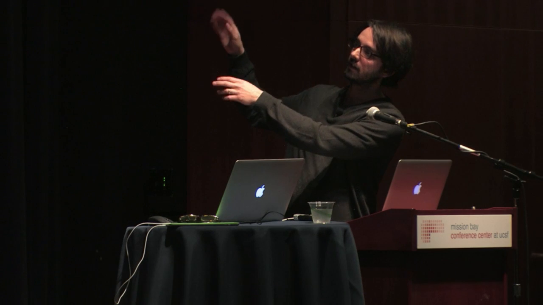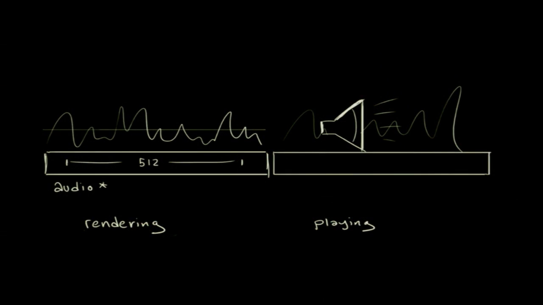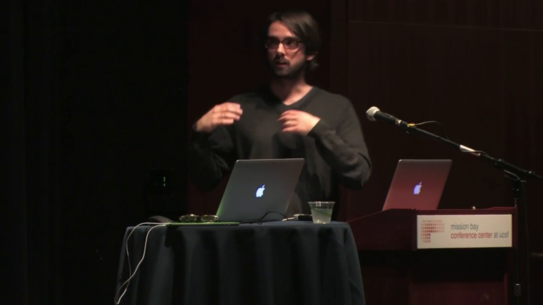So another way to look at that is that core audio is playing on the right, and then on the left, you're basically just writing samples to some audio buffer, which is just this array, and you're just putting values in there. And making sound is just writing samples to that array.